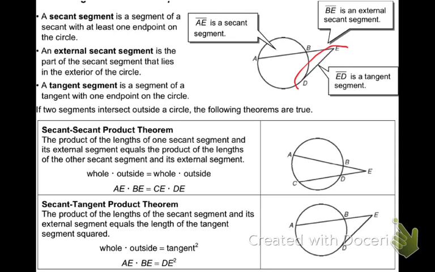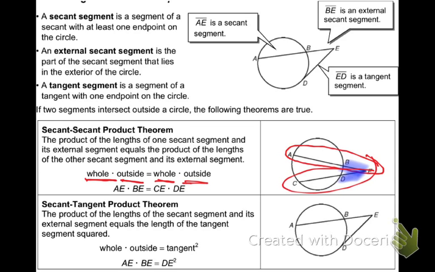And then we all know what a tangent line is, right? Tangent's on the outside of the circle. So great. Notice, a little bit tougher here. When I have secants, on a chord it was, hey, the chord times the chord equals the chord times the chord. On the secants, it's the whole length times the outside equals the whole times the outside. So the whole length would be all of this right here times the outside equals the whole length times the outside as well here.